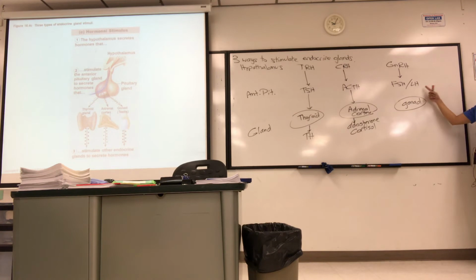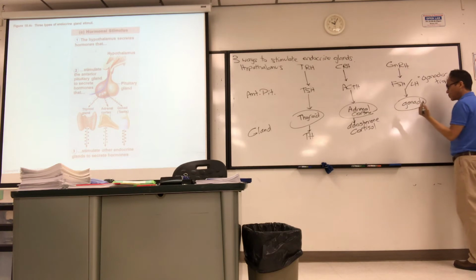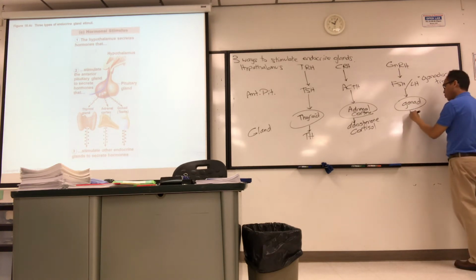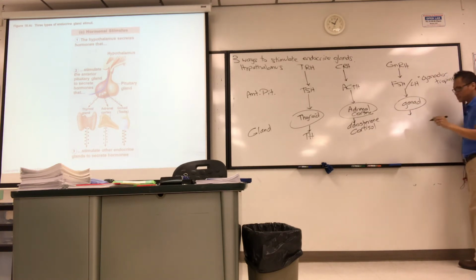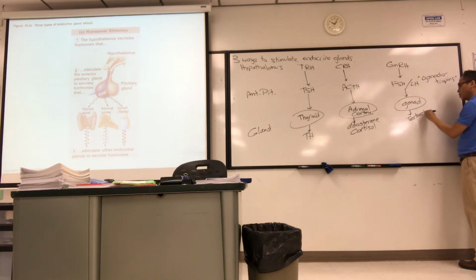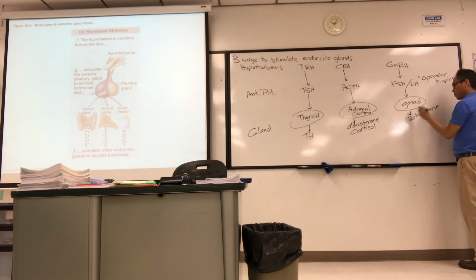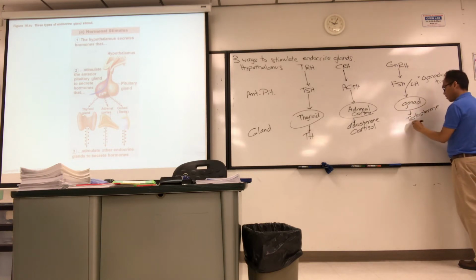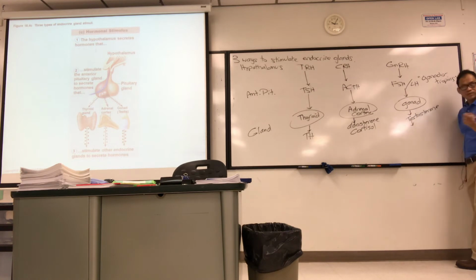But those are also called the gonadotropins. And they'll stimulate ovaries or testes to, well, depending if it's male or female. If it's male, the gonad will secrete primarily testosterone. Or if it's female, it could be estrogen or progesterone.